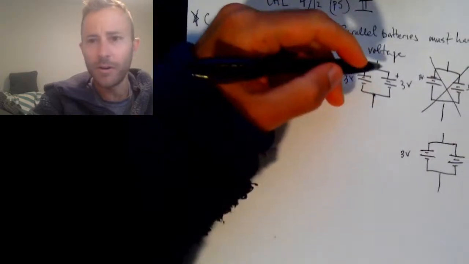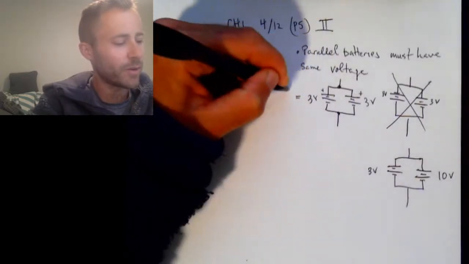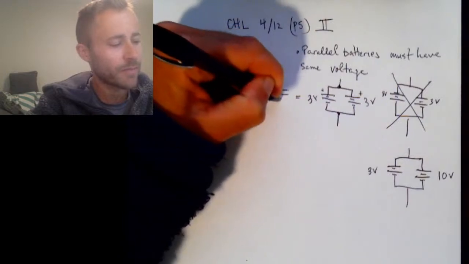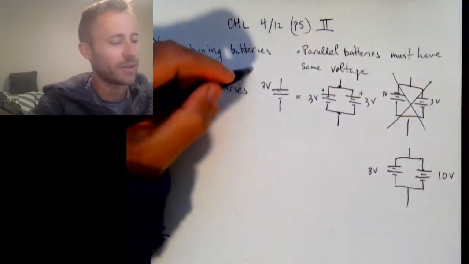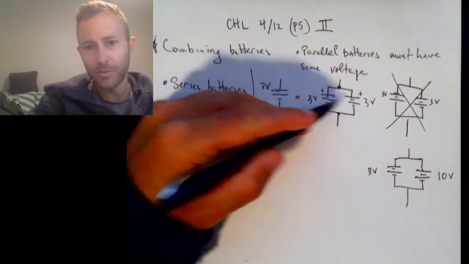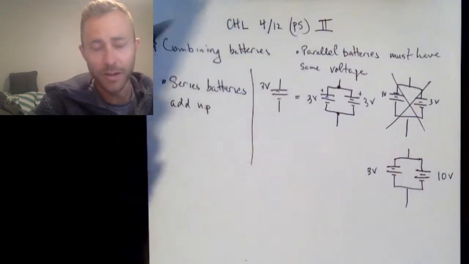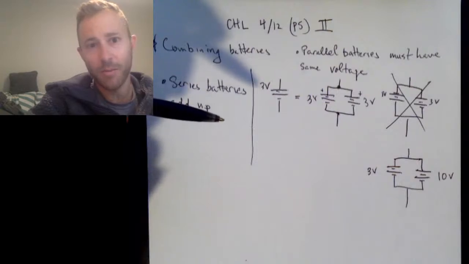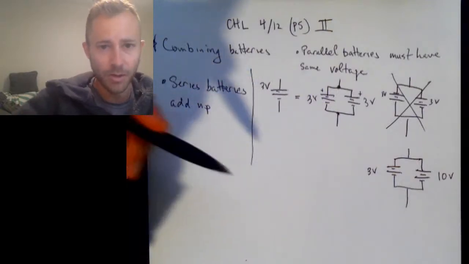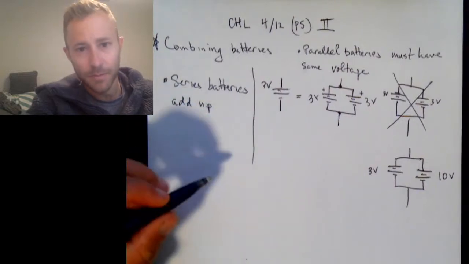Oh, and by the way, parallel batteries are just equivalent to whatever their parallel value is. So if you have parallel batteries and they're both 3 volts, then it's equivalent to a 3-volt battery. But it's a 3-volt battery that is going to be able to output twice as much current. Series batteries add up the voltages.